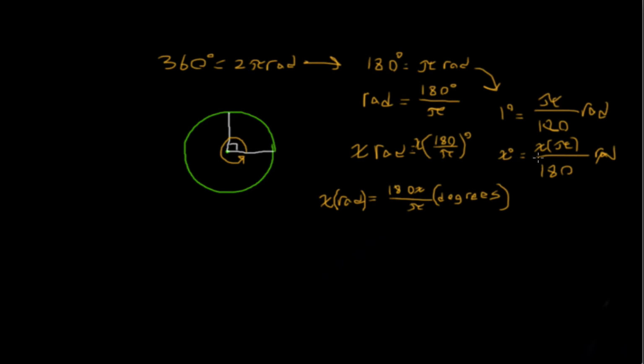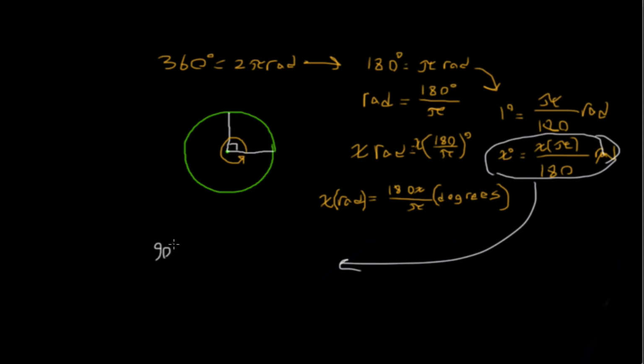So immediately, let's solve for our 90. We can use this equation right here. Let's circle that so it's clear. Okay, so 90 degrees, that's our x, is equal to 90 times pi over 180 radians.